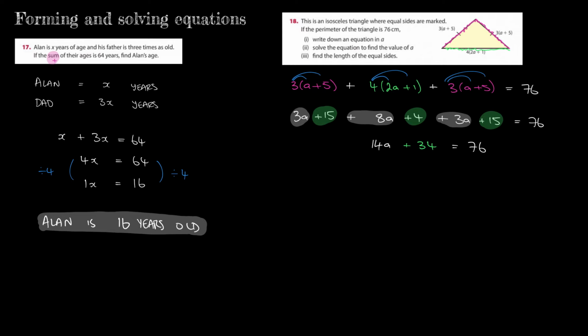I am doing this step by step. Some of you would have brought all the numbers to the left and all the numbers to the right straight away, and you would have tried to do too much at the one time. If you try and do too much at the one time, you can easily make mistakes. So it's best if you just do it step by step. Another thing I need to reiterate is that it's very, very important that you put in your steps.